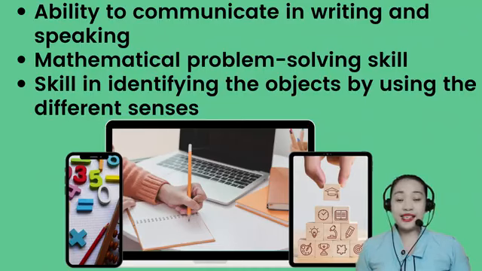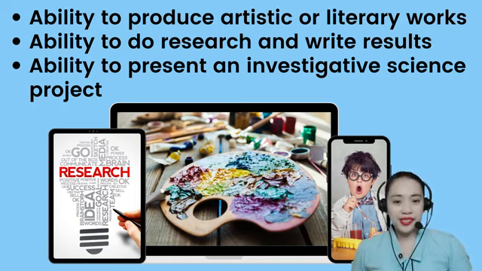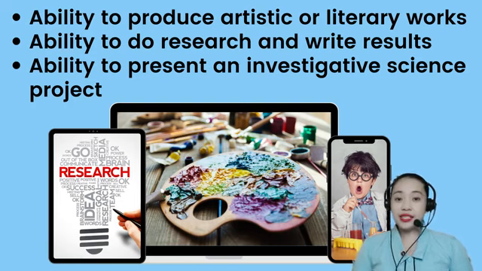Examples: ability to communicate in writing and speaking, mathematical problem-solving skill, skill in identifying the objects by using the different senses, ability to produce artistic or literary works, ability to do research and write results, ability to present an investigative science project.